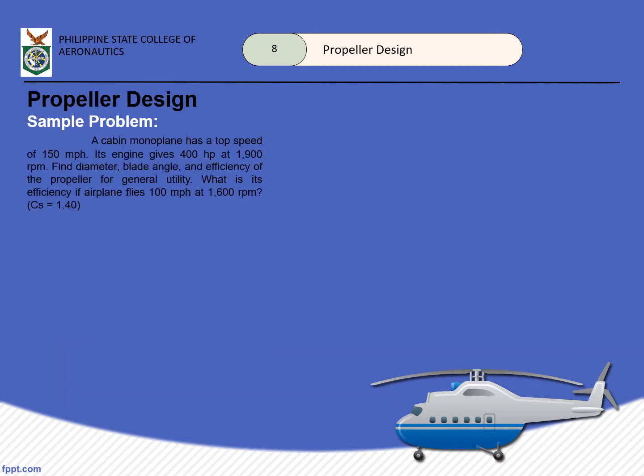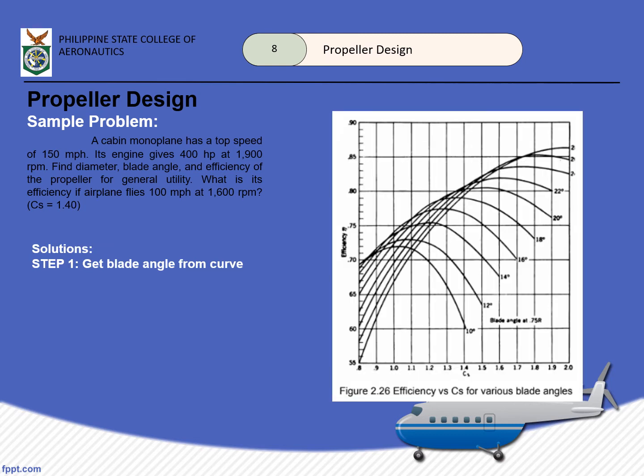So, ang una nating step is to get the blade angle from the curve. So, which curve? The first curve na ipinakita ko sa inyo kanina, but there are two. So, the first one, specifically yung ating efficiency versus CS na curve. So, as you can see, meron tayong efficiency right here and CS right here. So, how would we get it? Diba we have our CS given kanina, which is 1.40.